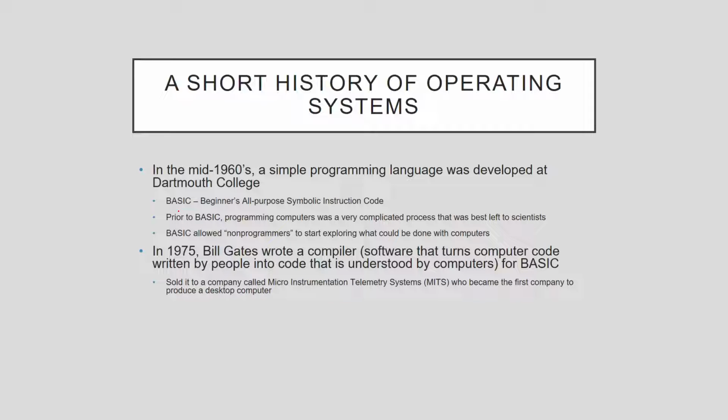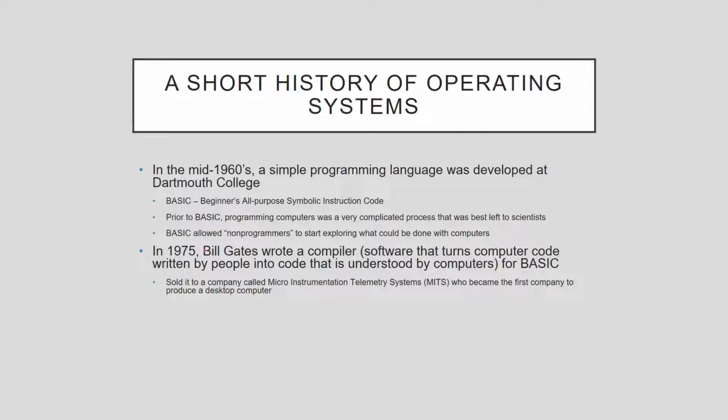A few years later, in 1975, Bill Gates discovered BASIC and became interested enough to write a compiler for it. A compiler is software that turns computer code written by people into code that is understood by computers.